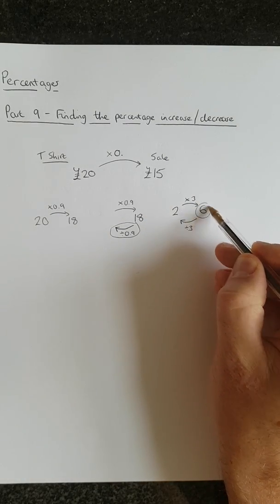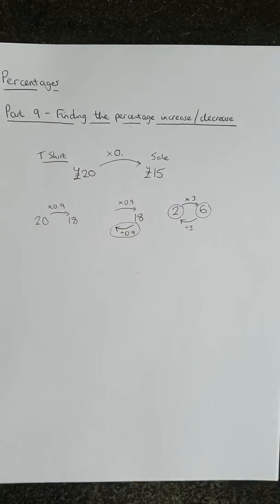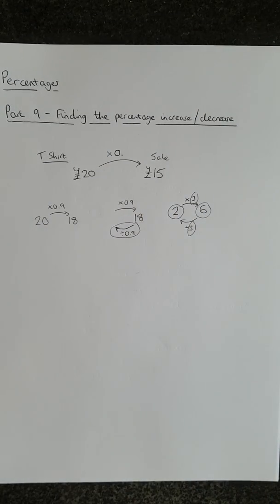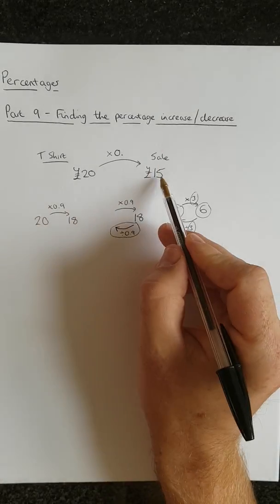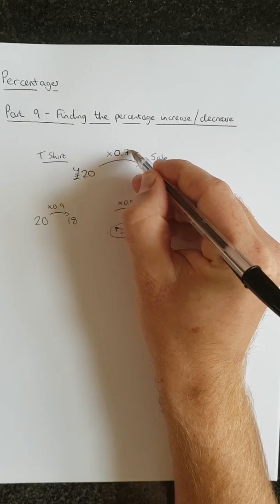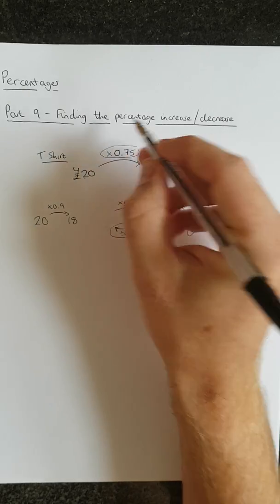What happens if I do this divided by this? Aha! It gives me the multiplier. So, this divided by this gives me 0.75.